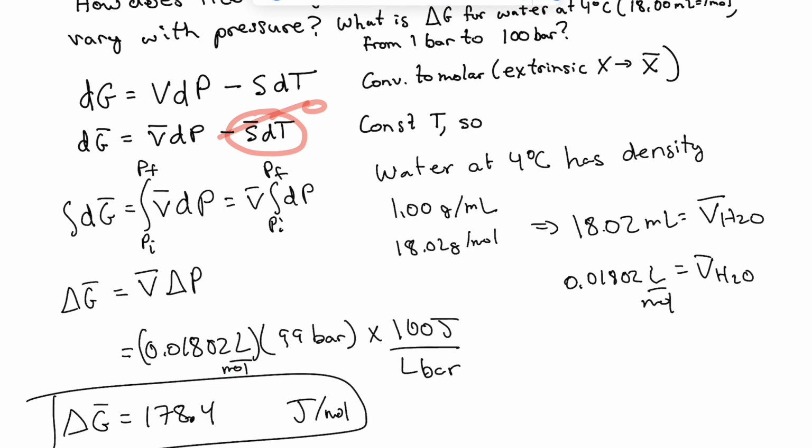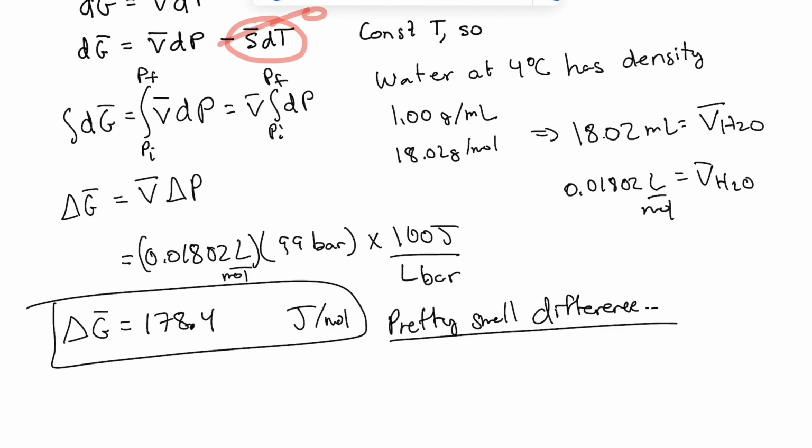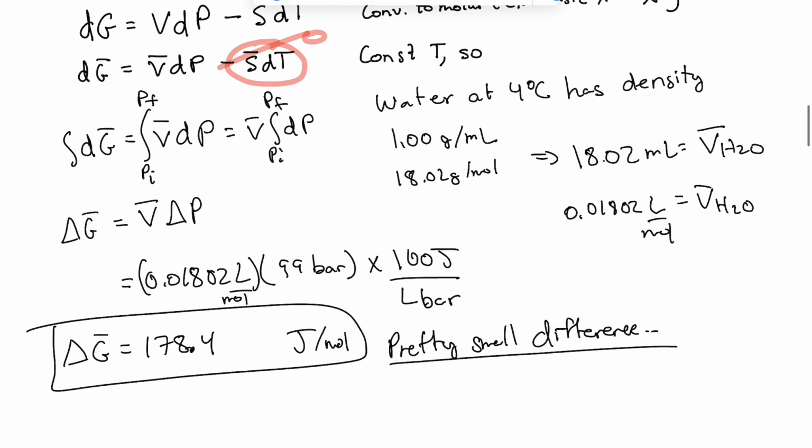And again, is this a big change? Not much. I mean, 100 bars is a pretty big pressure. This is only 0.2 kilojoules per mole that it changed its molar free energy by. So again, not nothing. We went up to a pretty big pressure.